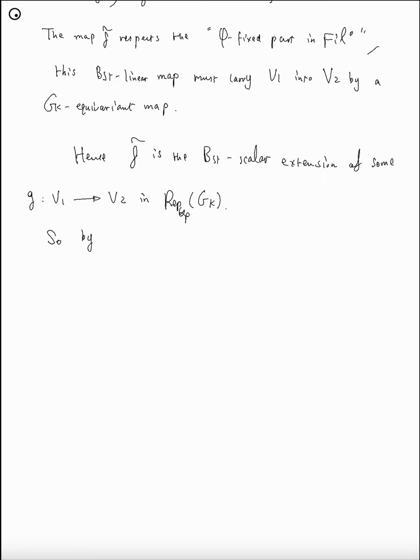So now by functoriality of the semi-stable comparison isomorphism, we get this map.